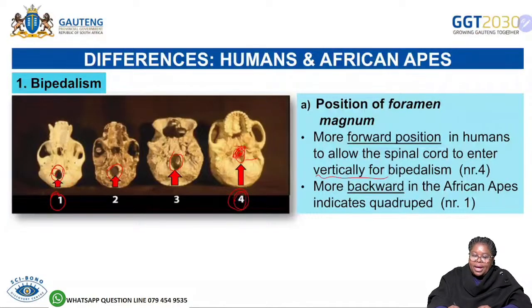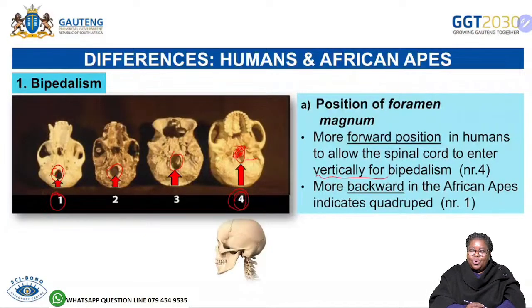But in African apes, we say the spinal cord enters horizontal into the foramen magnum. It qualifies that to be quadruped, to walk on 4 legs. Those are the limbs, the forelimbs and the hind limbs.